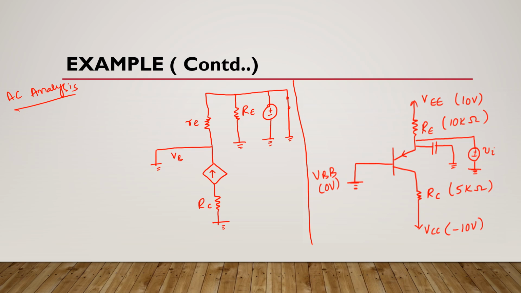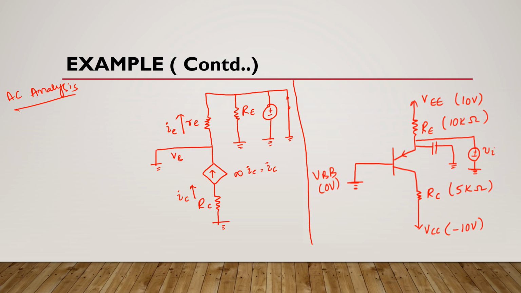Okay, now this is alpha IE, which is equal to IC. Okay, now this is the direction of small signal emitter current, and this is the direction of small signal collector current here.